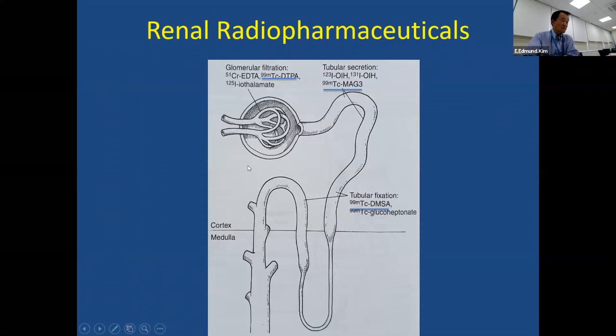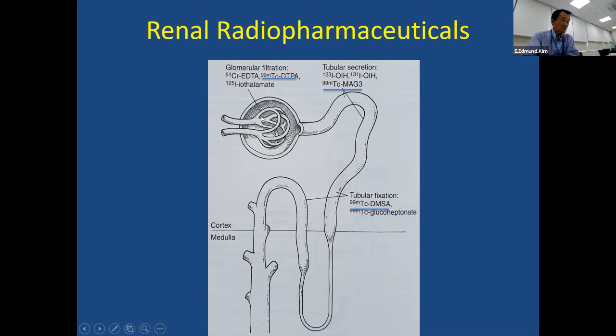For nuclear medicine renal scans, we have glomerular agents and tubular agents. Among tubular agents, we have tubular secretory agents or tubular fixation agents. Nothing goes 100% through the glomerulus. Inulin is about 99% filtered by the glomerulus, but still 1% is tubular active secretion.